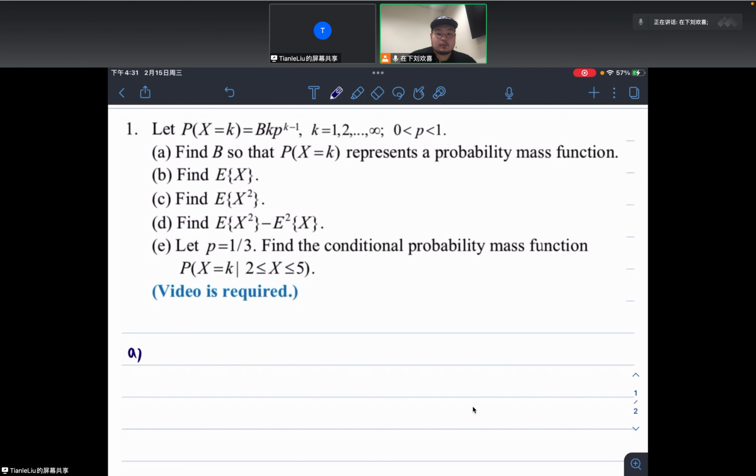So firstly, we need to realize that something contained in this problem is the sum of the geometric series.